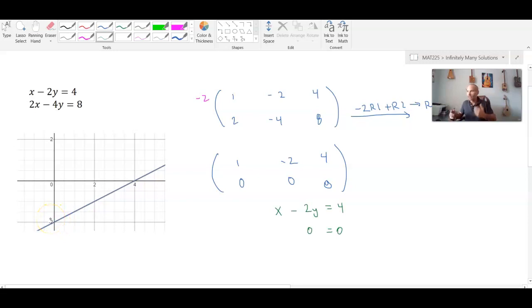So I have to construct some way of building an ordered pair that says, well, as long as x equals blank and y equals blank, this is going to be a solution to the system. So I'm going to think about the relationship here. It just must be the case that the difference between x and 2y has to produce 4. You can think of probably lots of different ways to do that. So if x is 8, that'll be 8 minus 2y equals 4.